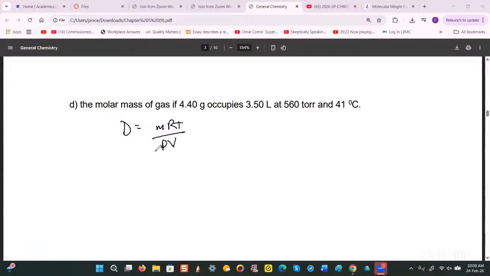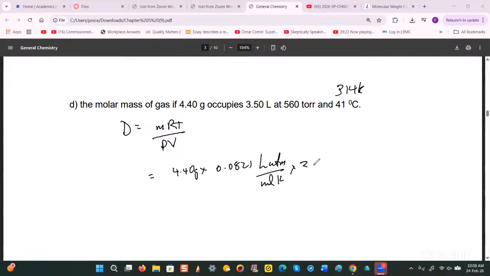Now let's see what we need to plug in. So M is 4.40 grams times R, which is 0.0821 liters atmospheres over mole Kelvin, times T. Now T is 41 degrees, which we have to convert to Kelvin. So 41 degrees turns out to be equal to 314 Kelvin, right?